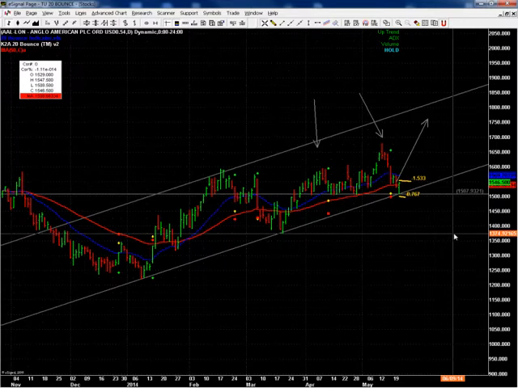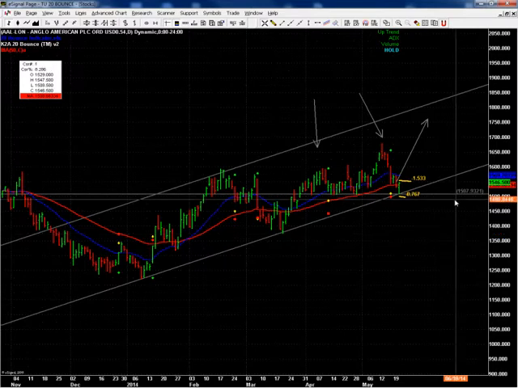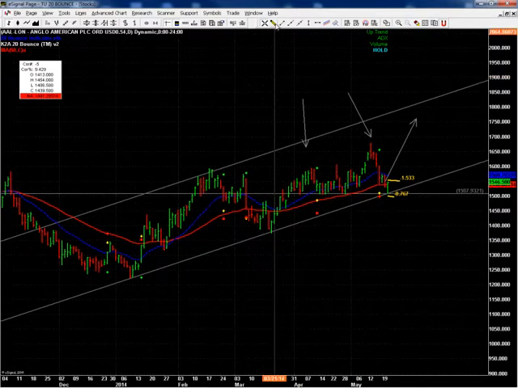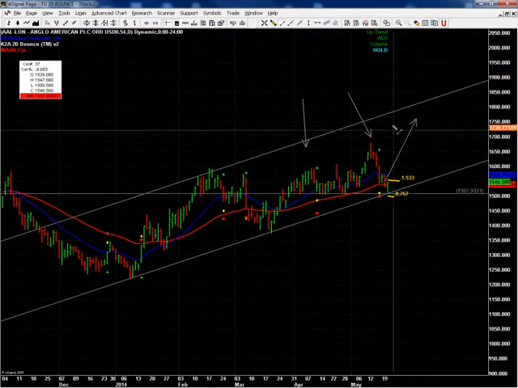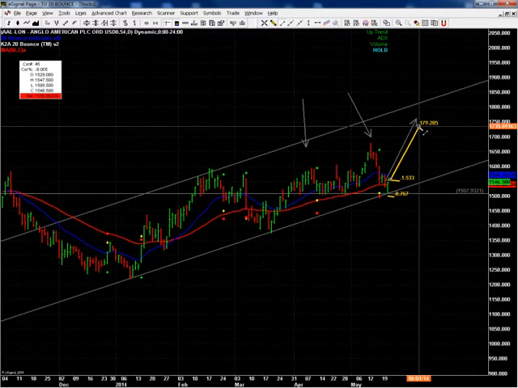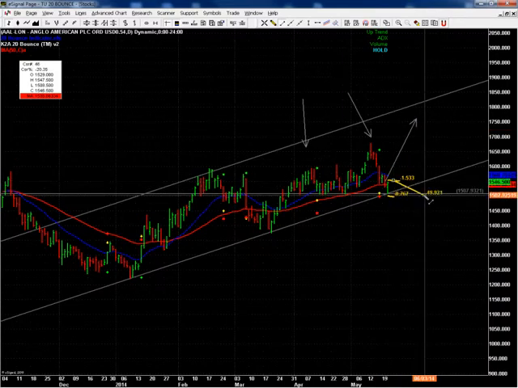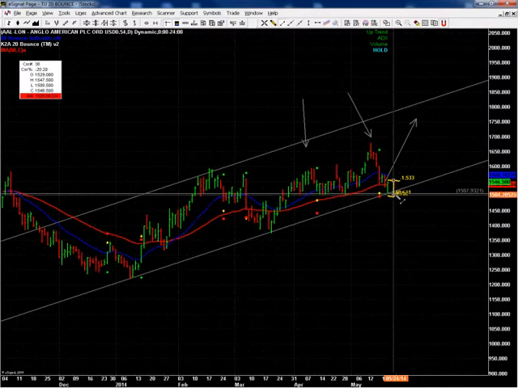The actual risk on the trade is, so the full risk will be, let's call it 50 pips.